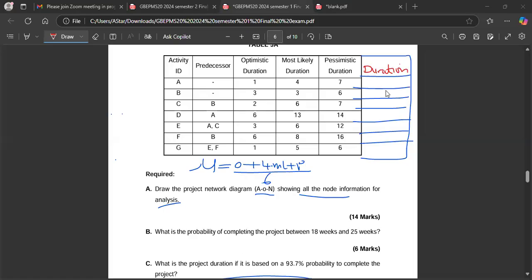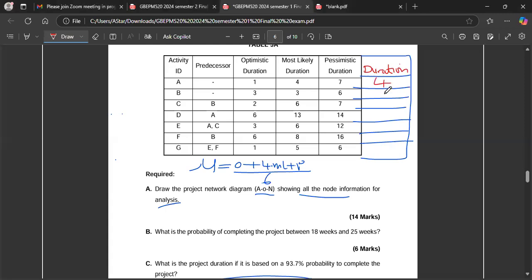The first answer is what? 4. The other one, 3.5. 5.5. 12. Okay, so you're getting 12 for that one. Then the other one, 6.5. All right, I'm happy that you are following. And then 9.